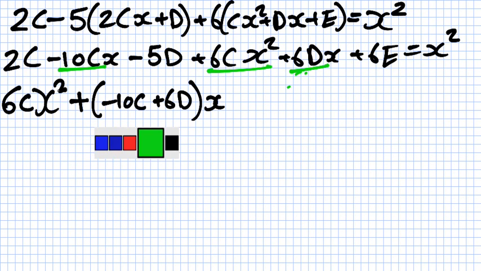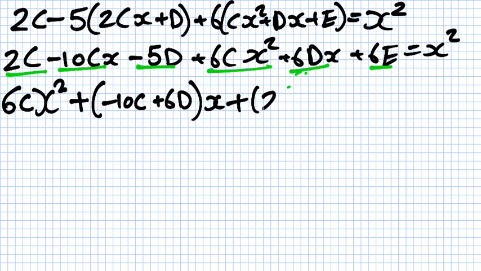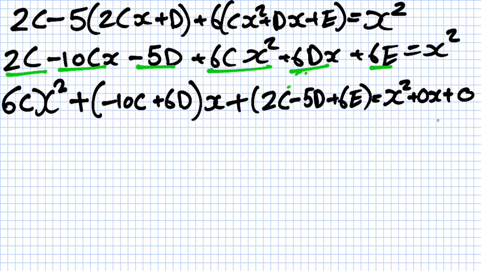And then the non-x terms, I have a 2c, a minus 5d, and a 6e. So plus 2c minus 5d plus 6e equals x squared. And I have no x's and no non-x's on the right.